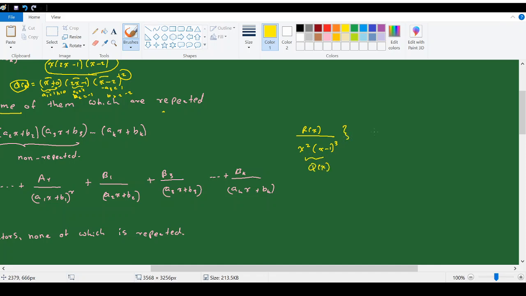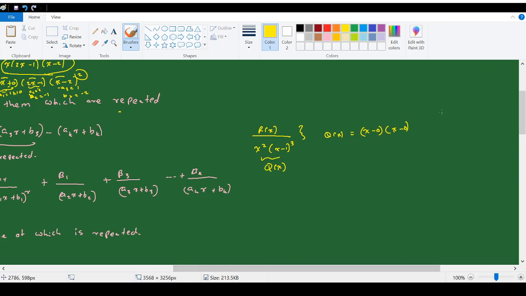Now Q(x) can be written as a product of 2 linear factors, right? This one as well as (x - 3)'s. Okay, now these are the linear factorization, and there are no quadratic factors, no irreducible quadratic factors.